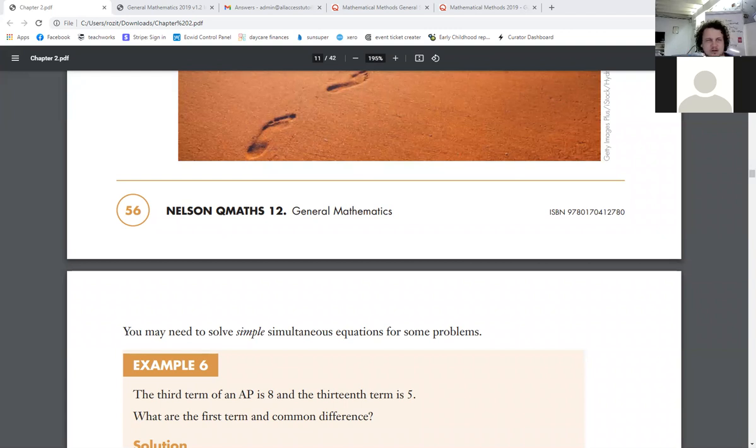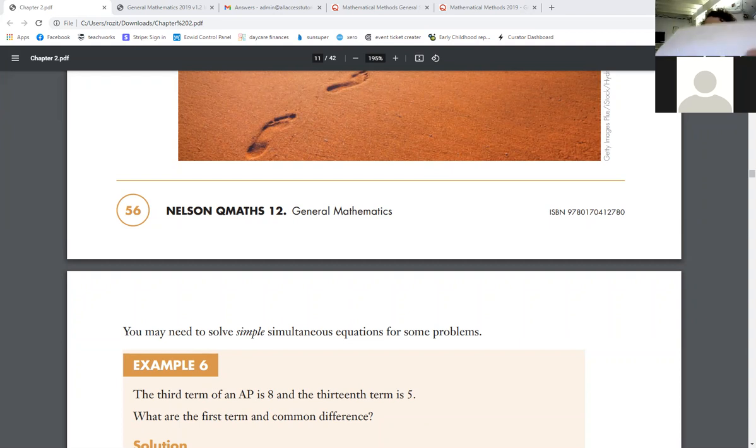So equation 1 is, we're looking at the third term. So we would have 8 equals T1 plus 2D. This is how I would write the equation. And then the other equation is 5 equals T1 plus 12D.